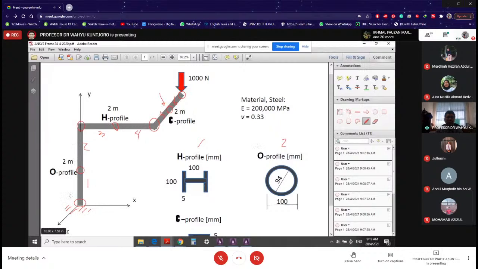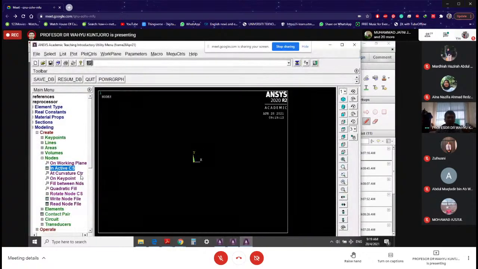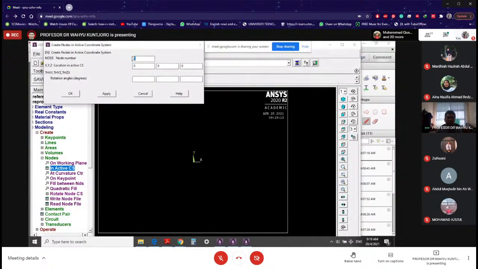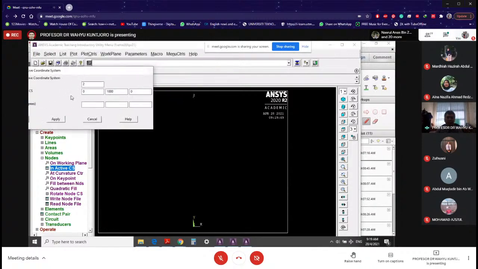So we have node number 1 over here, node number 2, 3, 4, 5, and up to node number 7. Okay, so now let's go to node number 2, which is going to be over here. I want to use millimeter. All right, so that's node number 2. Node number 3, thousand.